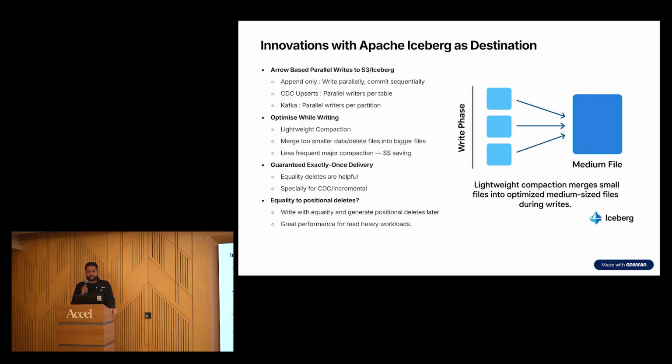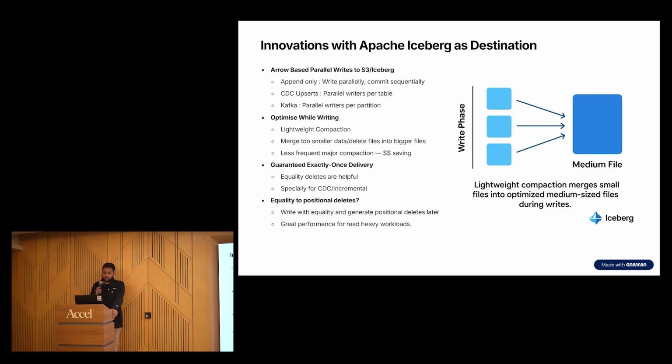But the problem is, if you write positional deletes, you would have to run a Spark job which scans all the files in the partition and then writes, which takes a huge amount of time. So a lot of people who have an SLA requirement or a sync frequency requirement choose to write equality deletes, if they want their data 5 minutes or a couple of minutes fresher.